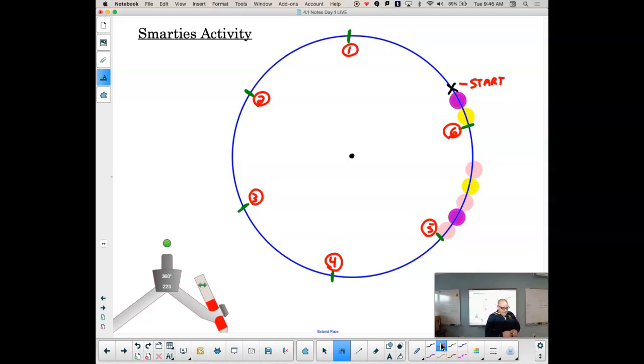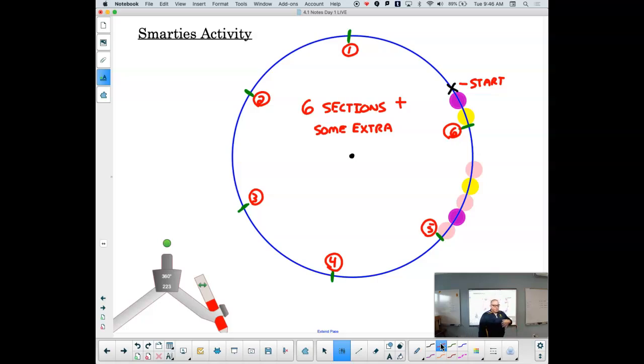So we ended up with 6 sections plus some extra. Okay? So we're good there.